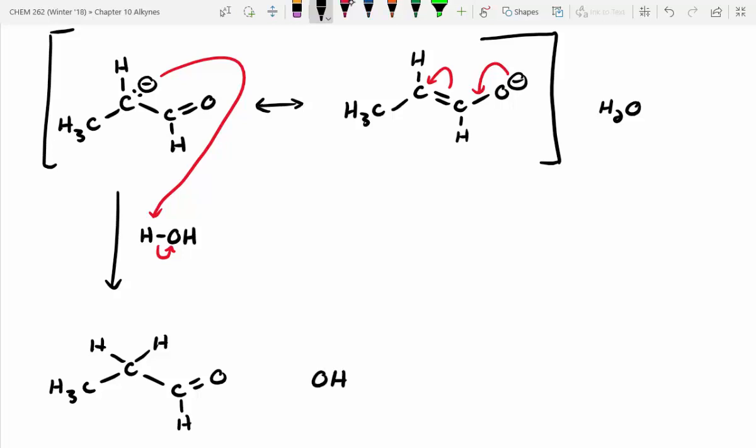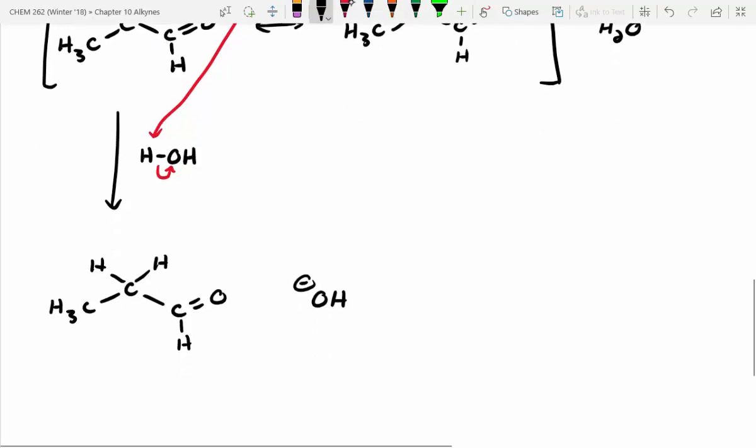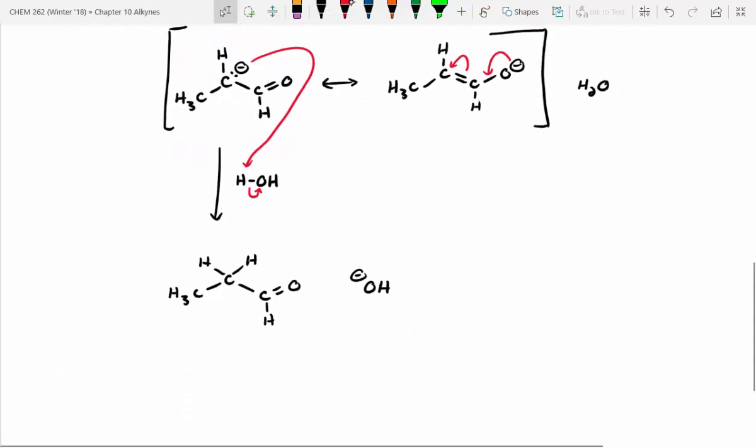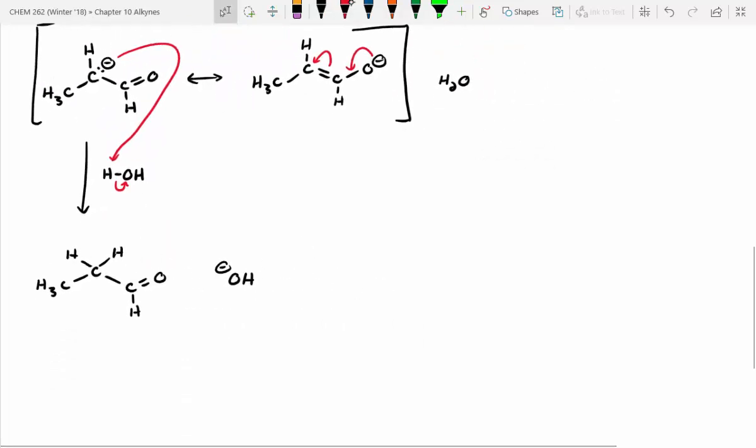And we end up with hydroxide coming out at the very end. Sorry, let me zoom out on this a bit so you guys can see it. So we've gone from our enol all the way to the aldehyde. And let me be consistent. I want to show equilibrium arrows here too.